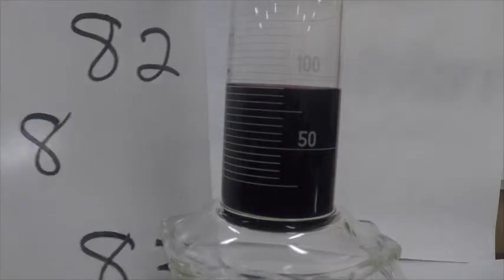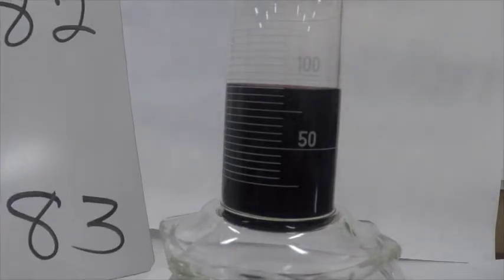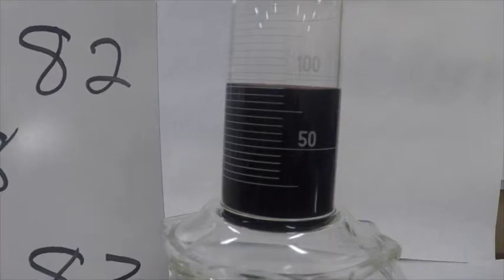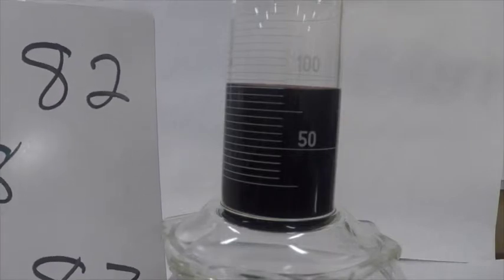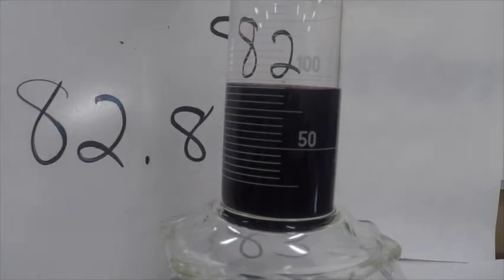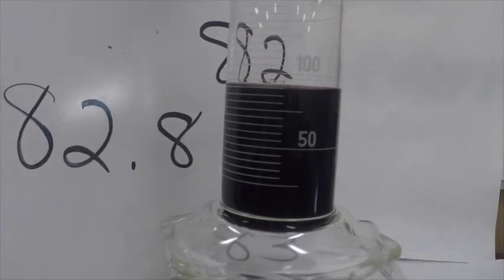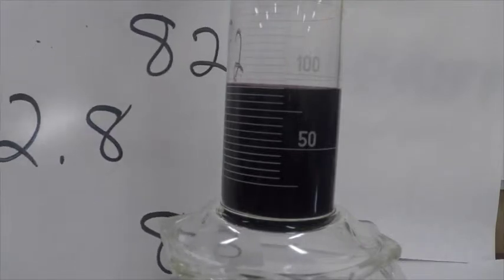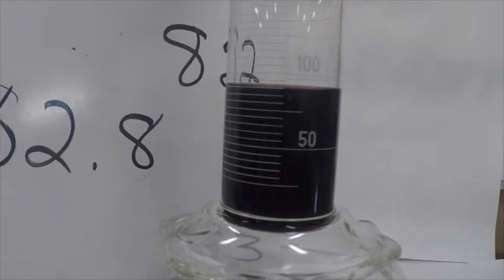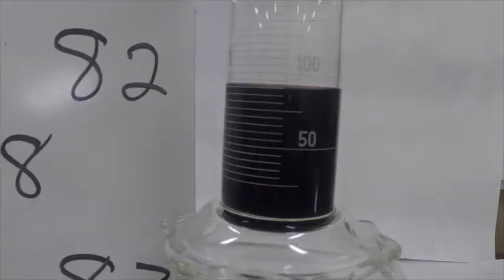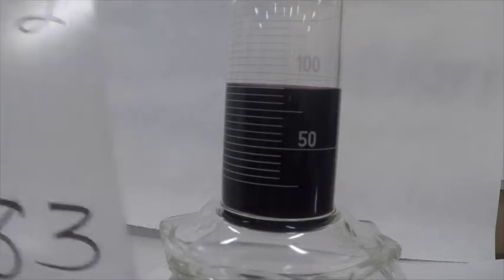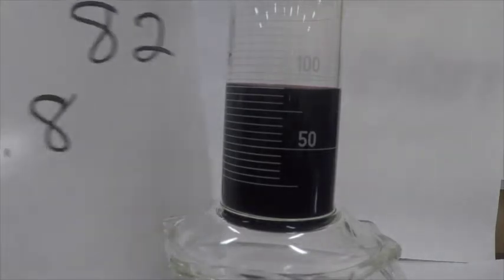So on this, I could say it's 82 or 83, and looking at it, I would say it's probably 82 or something. With the other one, I got 82.8 because it could measure a little bit farther. That makes the 8 a significant number in that reading, but in this one, the last number is the 2 or the 3. Let's say we go with the 2.